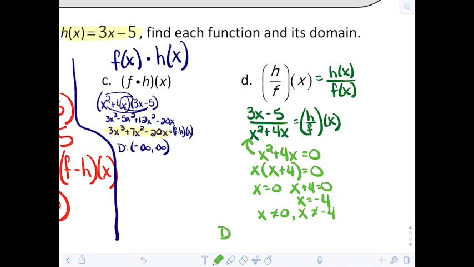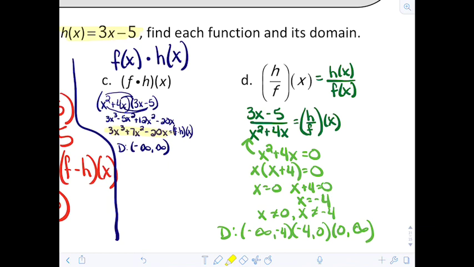So as I write my domain, it's going to have 3 different sections. So I can have from negative infinity up to negative 4, from negative 4 to 0, and then from 0 to infinity.